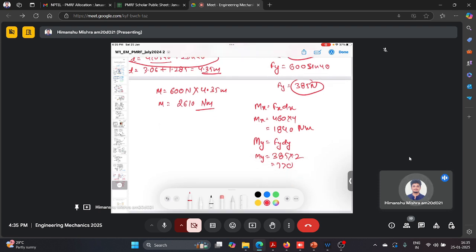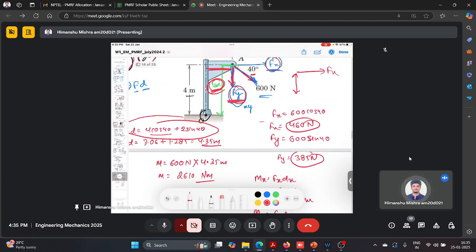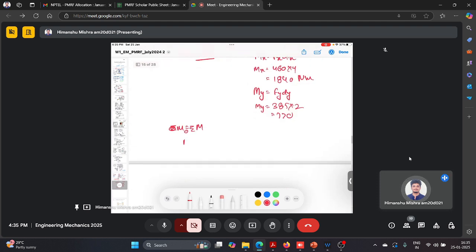So from Varignon's theorem, the moment at point O will be the summation of all the moments from all these forces. So basically it's MO equals Mx plus My. So you can see 1840 plus 770, so it will come out to be 2610 Newton meter.